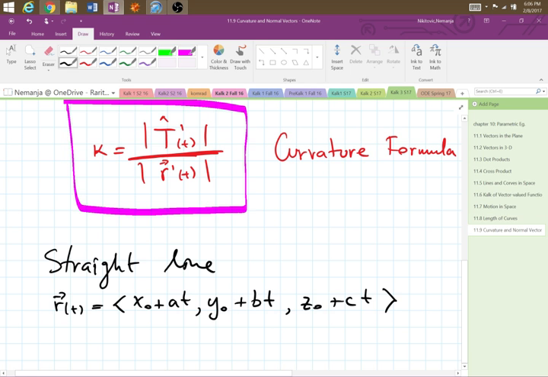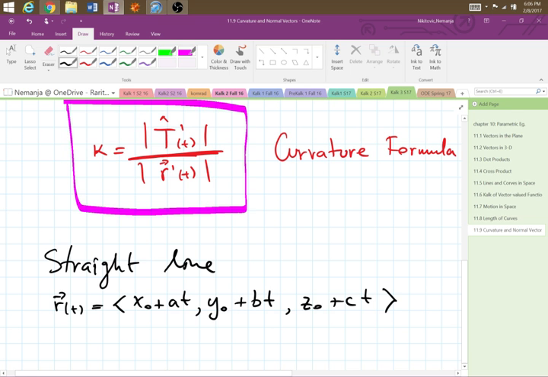So compute the curvature for the general case. What happens? Knowing that A, B, C are constants. How many derivatives down the line do you go? Don't you go 2 derivatives?